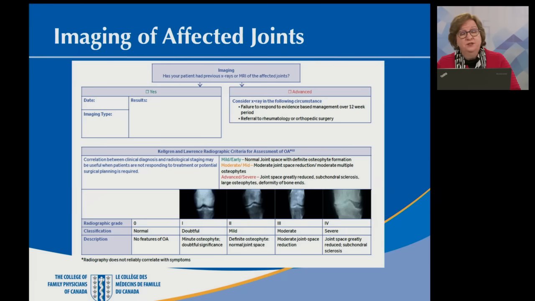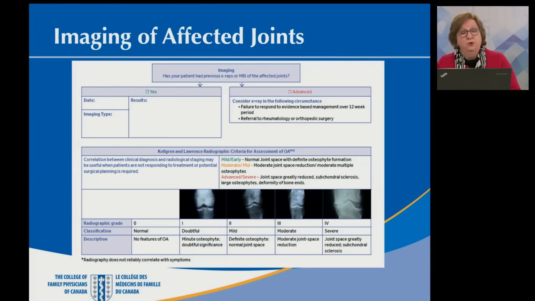What about imaging? If your patient has had imaging, collect that information. If your patient has not had imaging, then you are determining, is there a reason for imaging? Failure to respond to treatment, referral to rheumatology or orthopedic surgery, or aggressive and or atypical presentation.